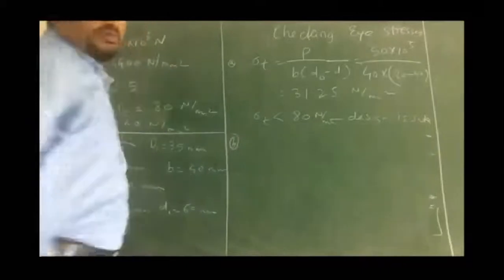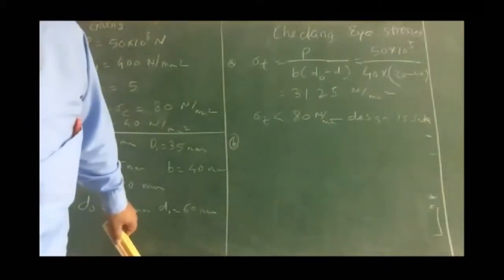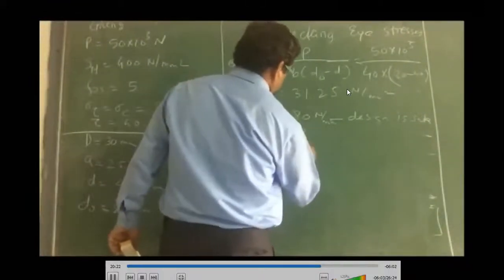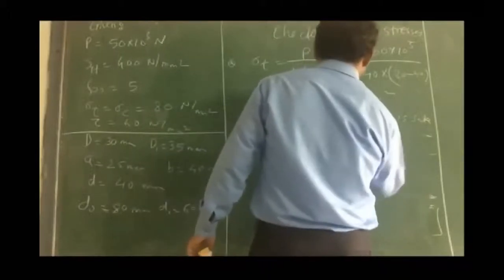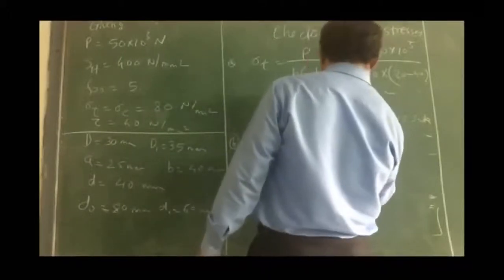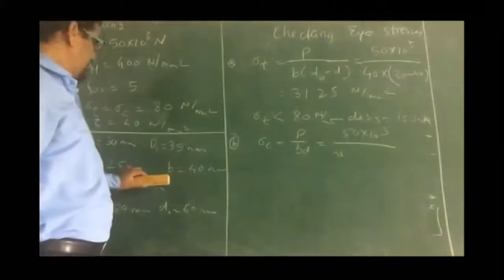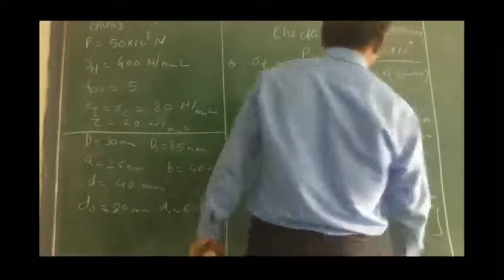Let's now find out the crushing failure. Sigma C is equal to P upon B D. P is equal to 50 into 10 raised to 3. Thickness we got is 40. Now all this we are doing for the eye, right? 40 into D, which is 40.